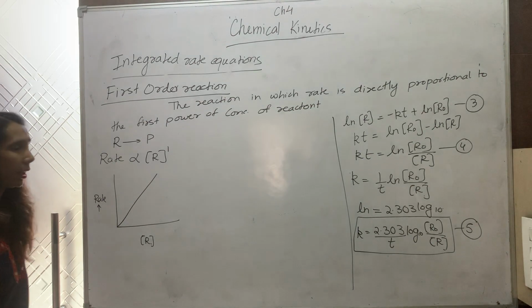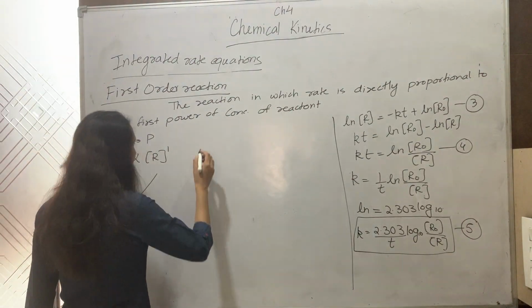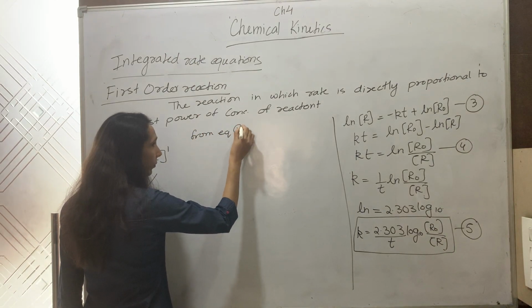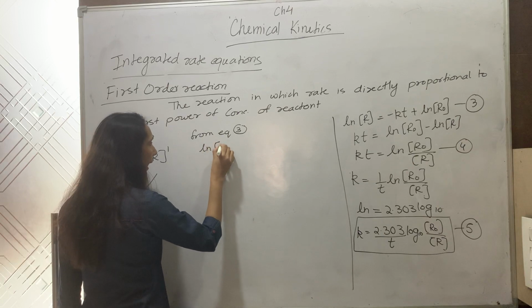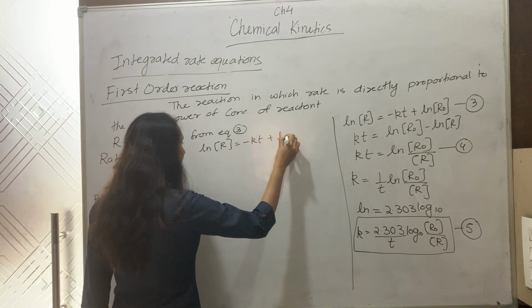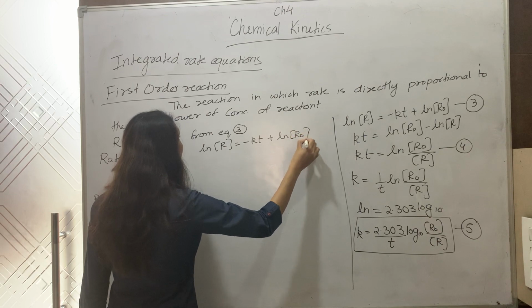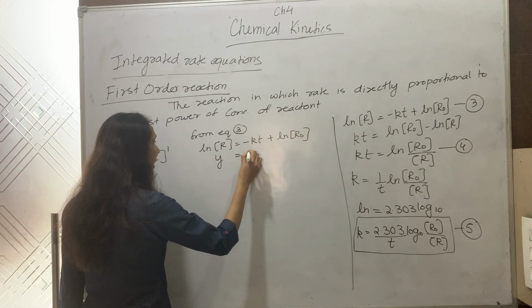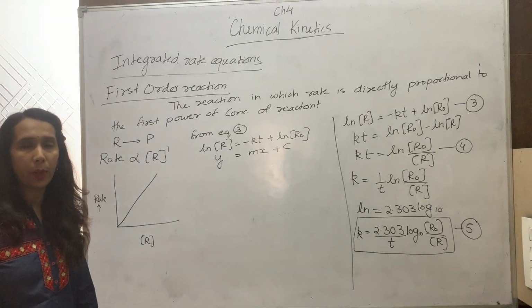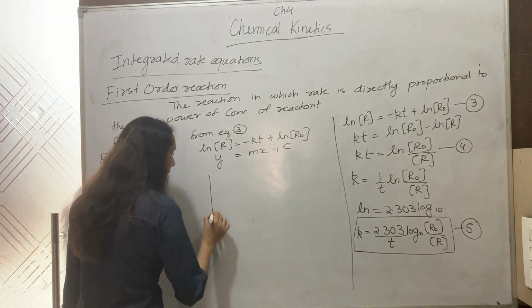Now I am making the graph according to equation 3. What is equation 3? ln [R] is equal to minus kt plus ln [R]0. Again, it resembles a straight line equation, y is equal to mx plus c.